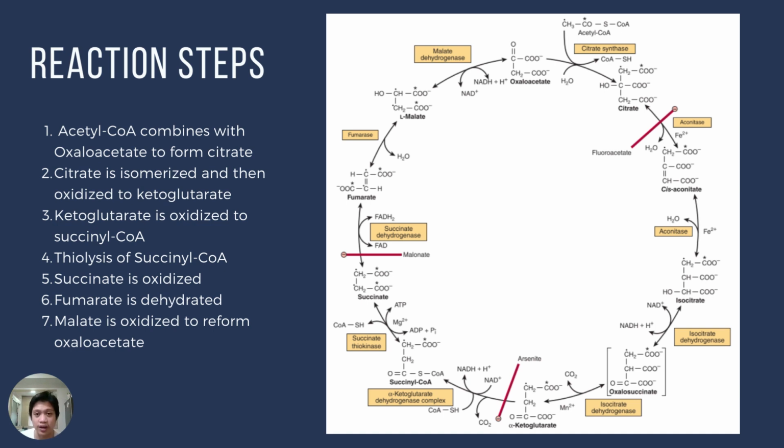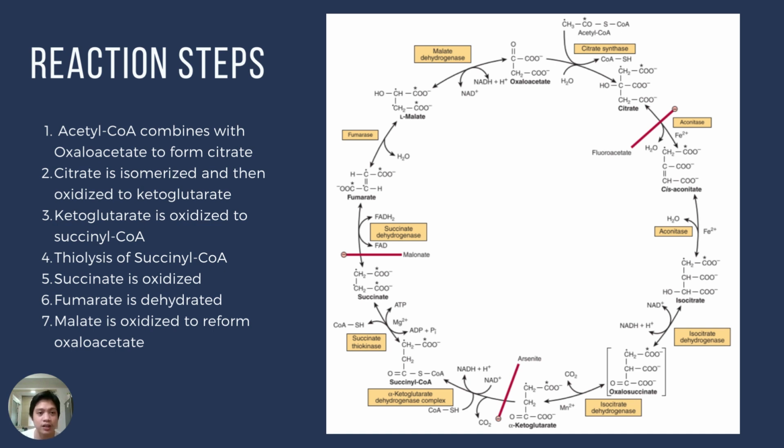Citrate is then isomerized, which means the number of carbons, oxygens, and hydrogens, in general the number of atoms, remain the same. It is just the connection between the atoms that are made different. That's what isomerization means. So citrate is isomerized and then oxidized. And the product of that will be ketoglutarate or alpha ketoglutarate.